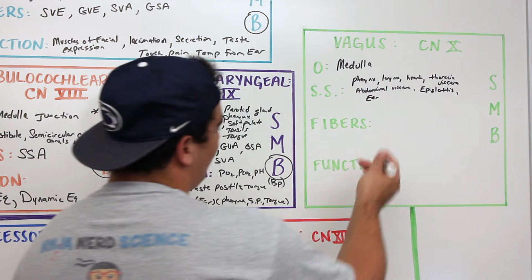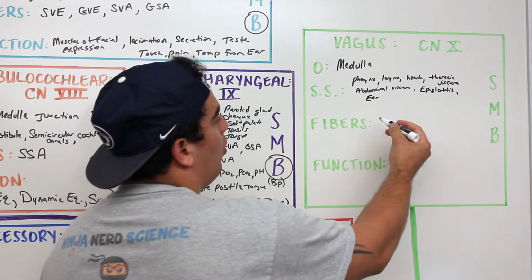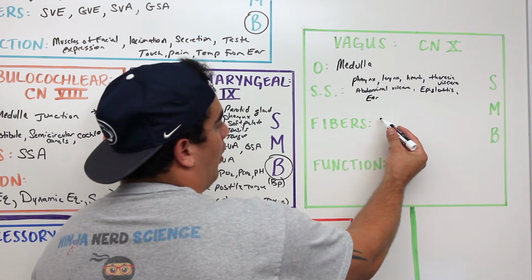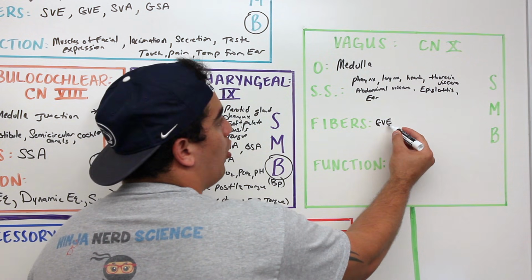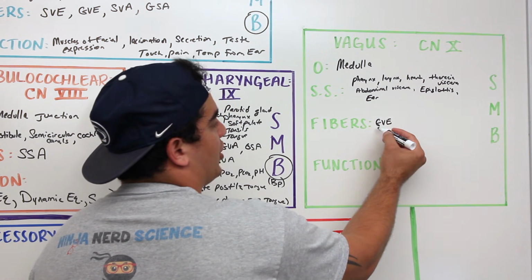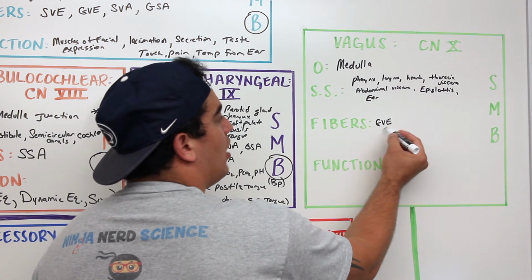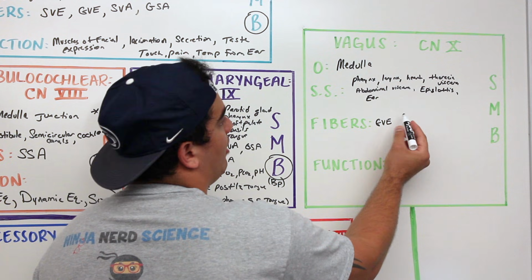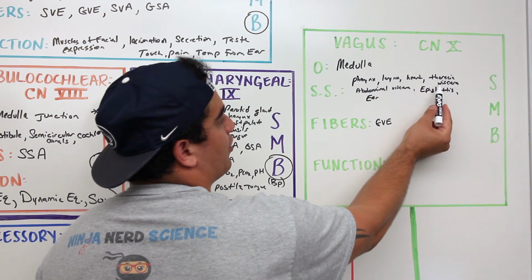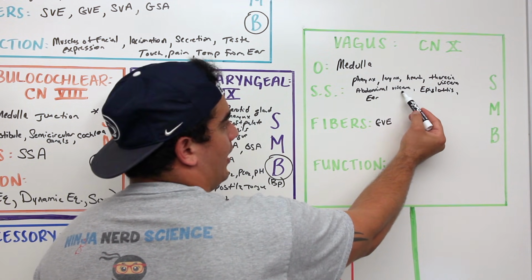Now, basically, what kind of fibers would we have here? Okay, it has GVE fibers. These are secretomotor fibers. This is basically for the secretion and the contraction of a lot of the smooth muscle structures. So for example, secretion could be from a lot of the actual secretions within the abdominal viscera, from the GIT, right?